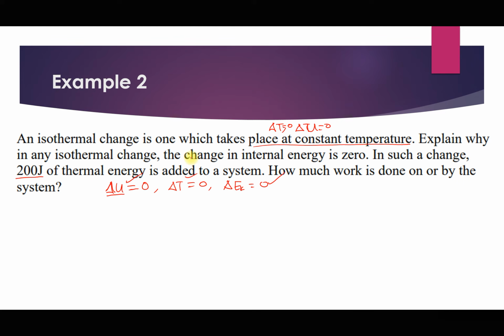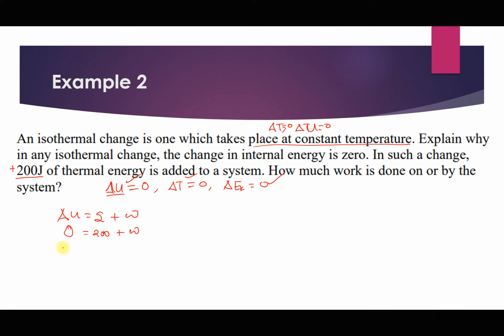In such a change, 200 joules of thermal energy is added to the system, so this is going to be positive. How much work is done on or by the system? We are not sure whether it is done on or by the system. So using the first law of thermodynamics, change in internal energy is equal to Q plus W. Because it's an isothermal change, the change in internal energy is zero, so zero equals Q, which is positive 200 joules, plus W, which we don't know.